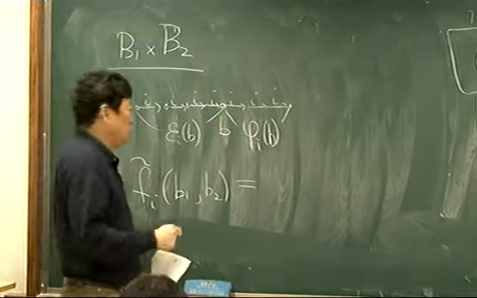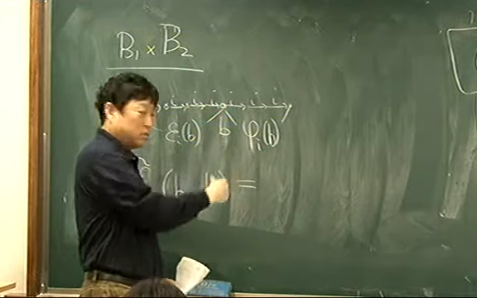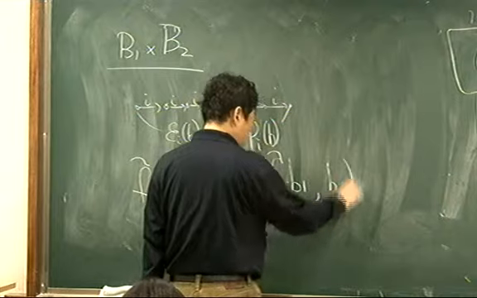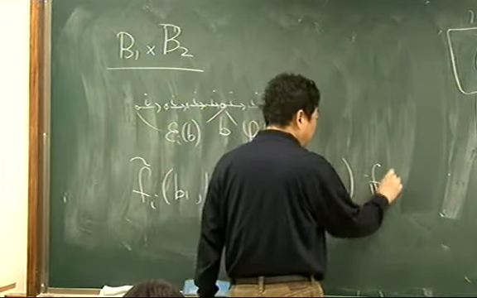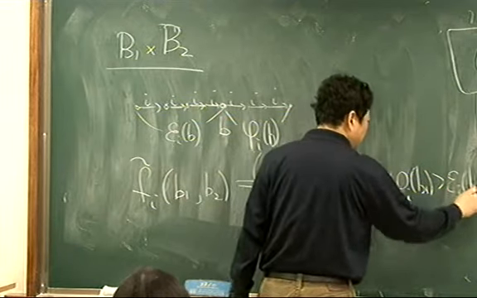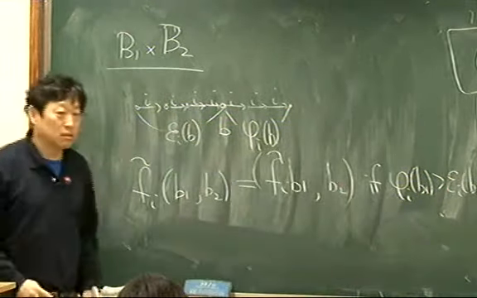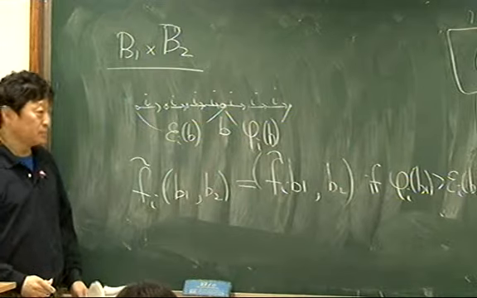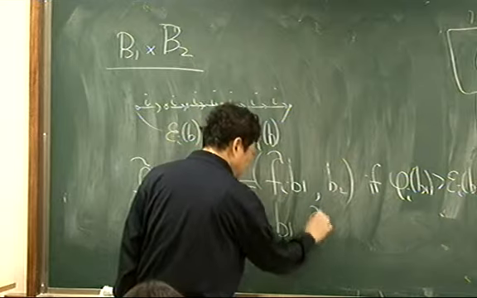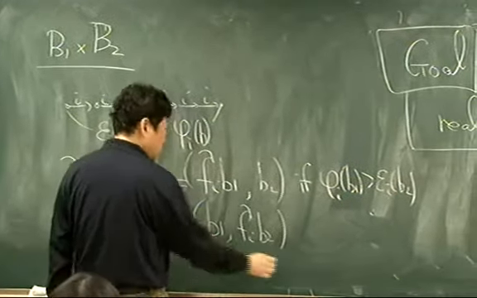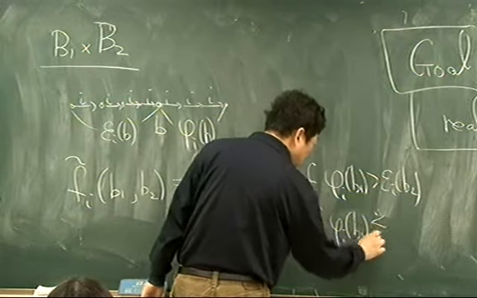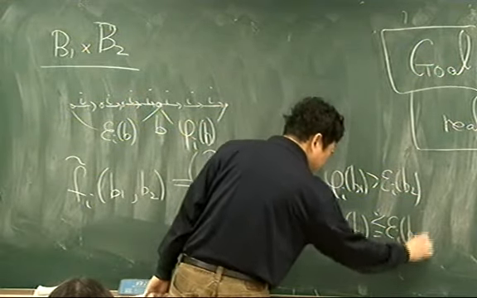First, we act on the first component if phi_i(B1) is bigger than epsilon_i(B2). And we apply F_i tilde on B2 if phi_i(B1) is less than or equal to epsilon_i(B2).